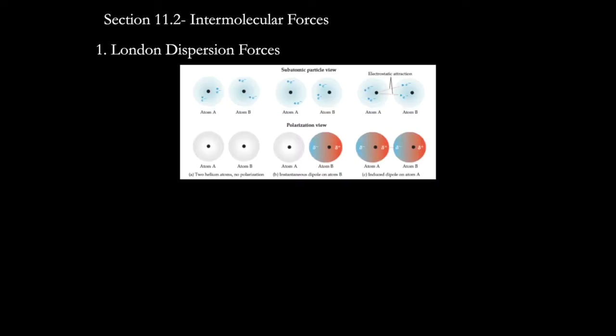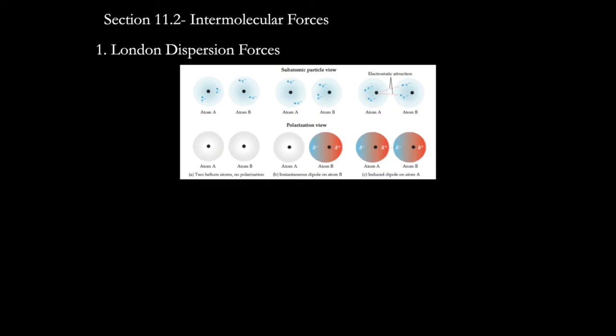Well, if you look at this example, this is helium. If you have atom A and atom B, the electrons, which are shown on the top left and all of the top drawings right there, can be anywhere at any one instance. So if you look at the center diagrams, the one on the bottom, notice that the electrons happen to be lining up on the left-hand side of atom B. And since they are lining up on the left-hand side of atom B, because they can honestly be wherever, but they just happen to line up there, then the right-hand side of atom B is going to be partially positively charged.